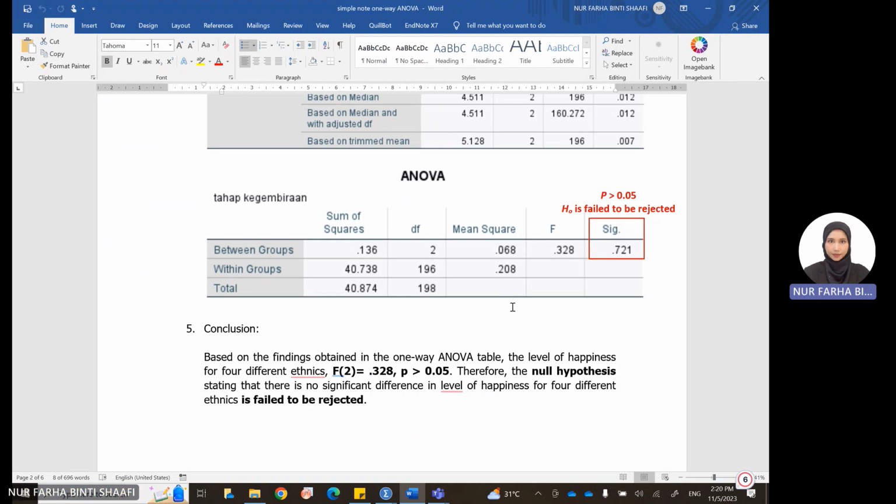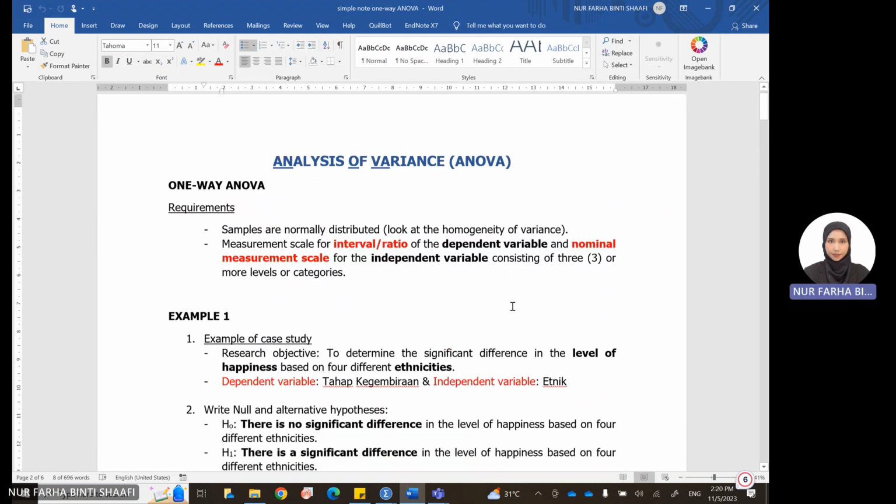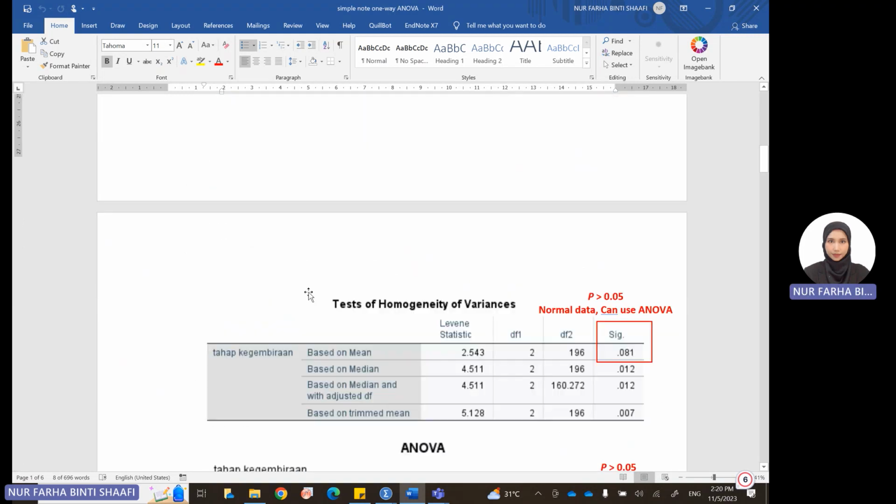If the P value is more than 0.05, your null hypothesis should be accepted, or in other words, H0 fails to be rejected. What is your null hypothesis? Just now, look at your null hypothesis. Yes, there is no significant difference in the level of happiness between the 4 ethnicities. We are all happy. So there is no significant difference.